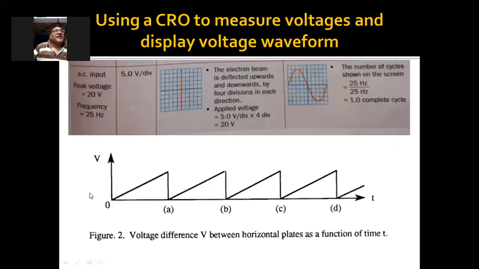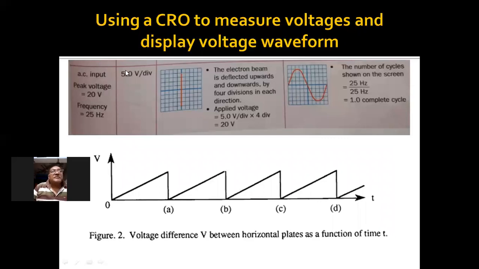Okay, here again, you can see in this diagram that I have provided alternating voltage into the Y input, and that will be its waveform I want to make on a CR screen.